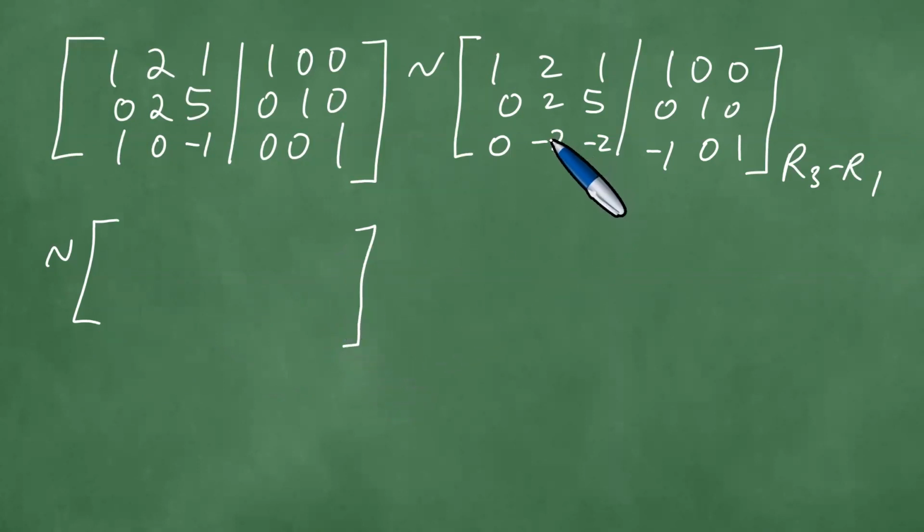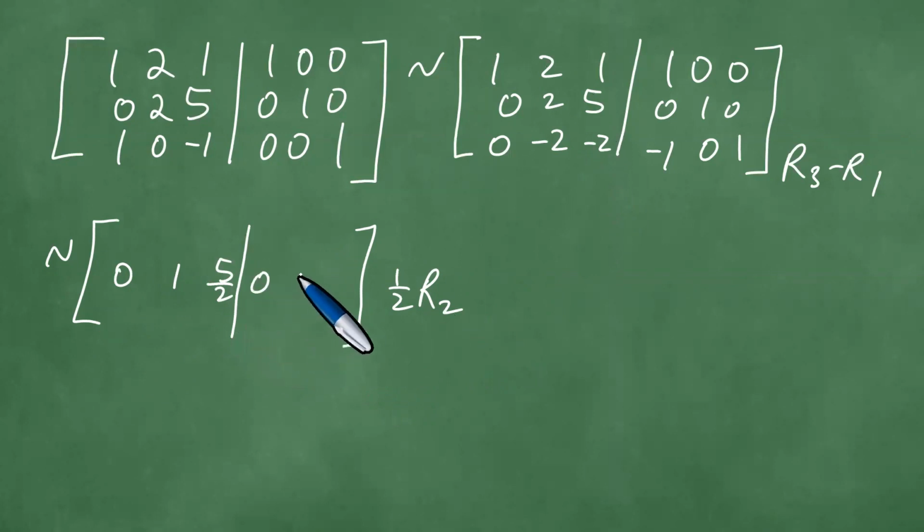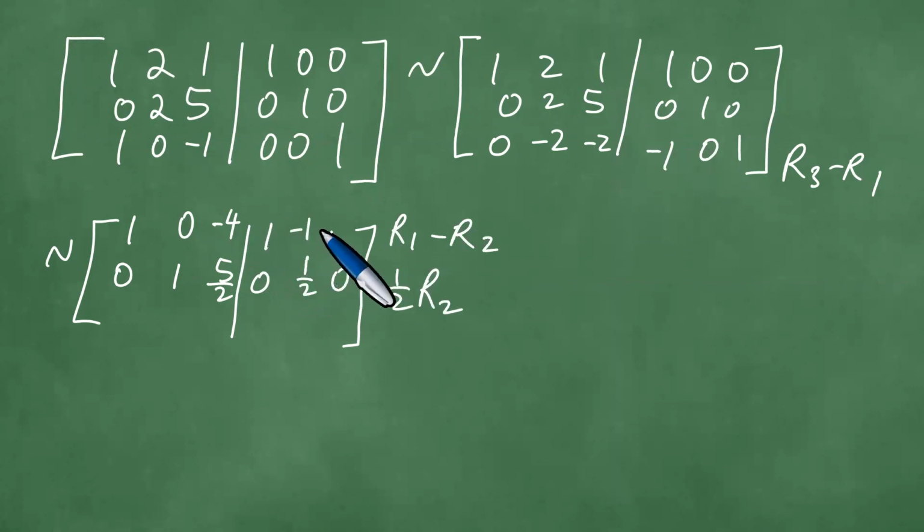Right, so we need now to get zeros above and below these, but we need a 1, which is 0, 1, 5 over 2, 0, 1/2, 0. Row 1 minus row 2: 1, 2 minus 2 is 0; 1 minus 5 is minus 4; 1 minus 1, 0.